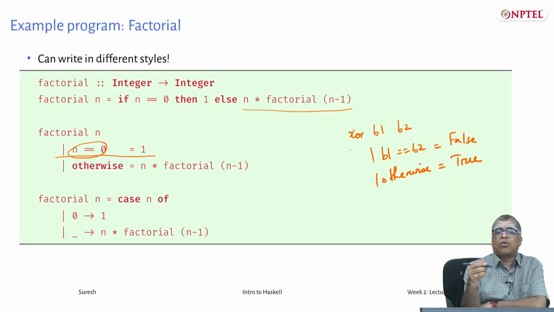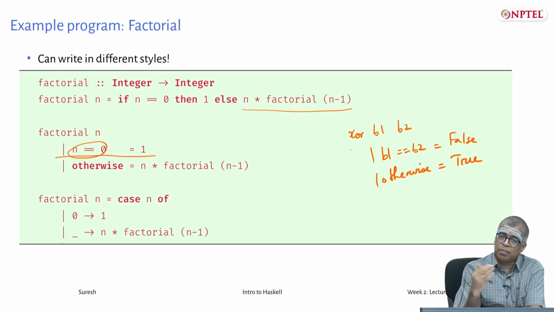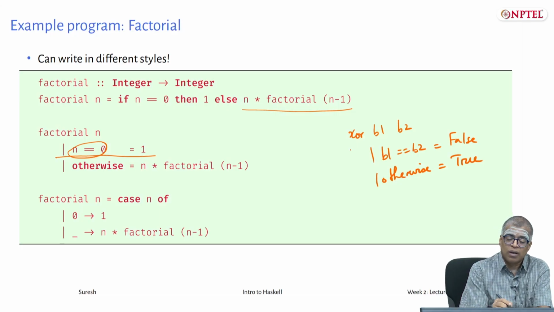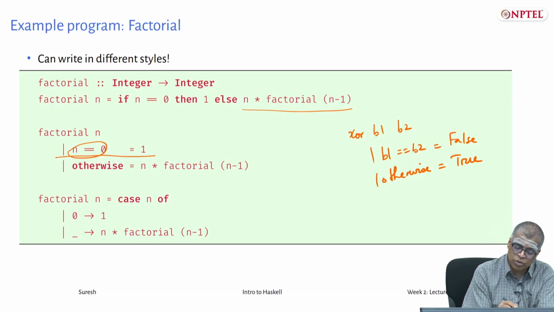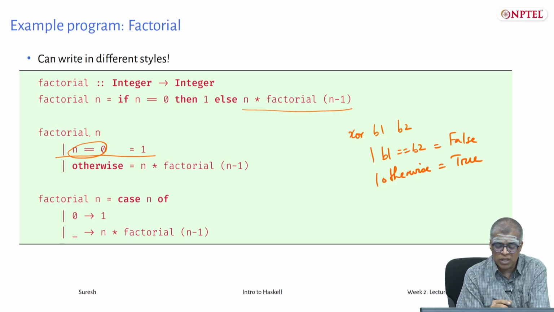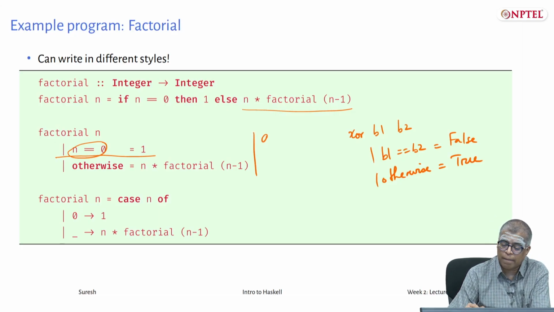I am not just checking whether B1 fits a certain pattern of Boolean, I am checking whether B1 and B2 are the same. That is much more than asking whether B1 is equal to a constant. In this case of course pattern matching suffices to define factorial, but I will still write this condition, just to illustrate that I can write it in different styles. So this is the guarded definition style.